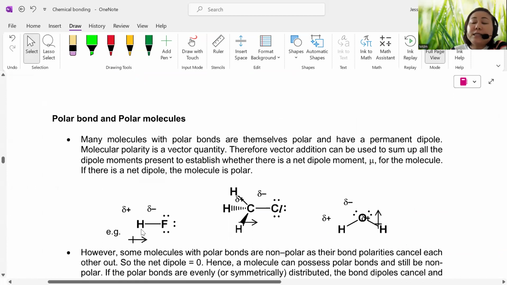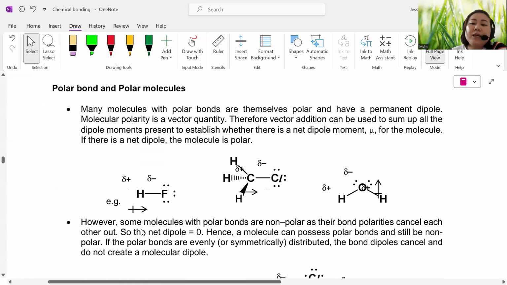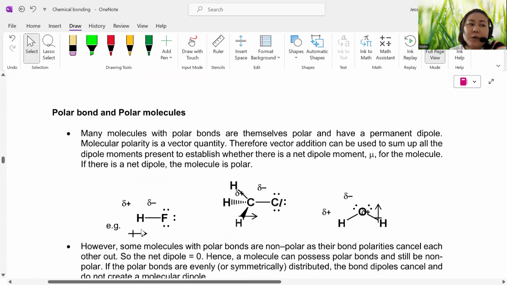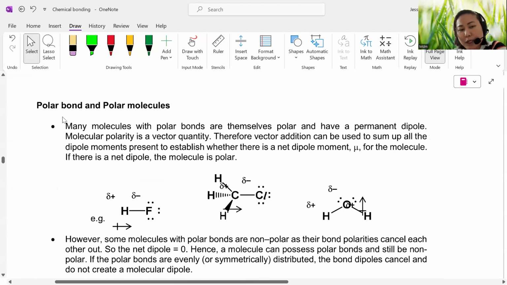All right, so that is about the polarity of bond. Now we look at the polarity of a molecule. When you have molecules with polar bonds, they can be polar and they can also be non-polar. We can have some molecules which have polar bonds ending up being polar.